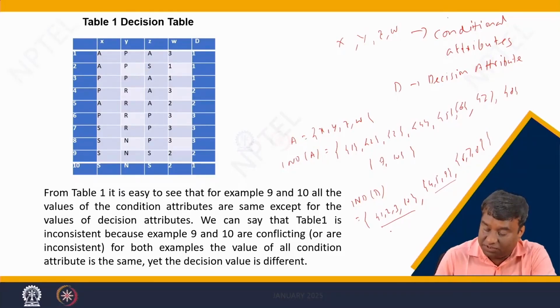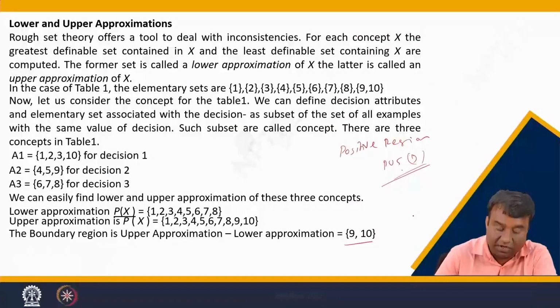You can find the positive region, which is the union of the lower approximations of X, for X belonging to U by D. Again you find the union over X belonging to U by D, and all the upper approximations. So if you find all these, here is A1 for decision 1, A2 for decision 2, A3 for decision 3. You can easily find this is the lower approximation.